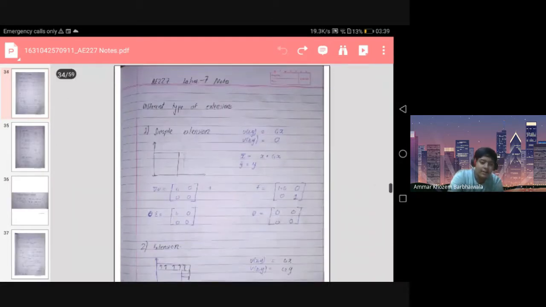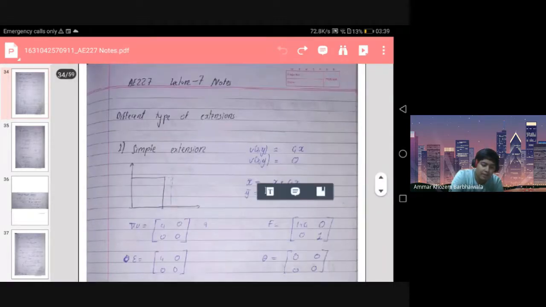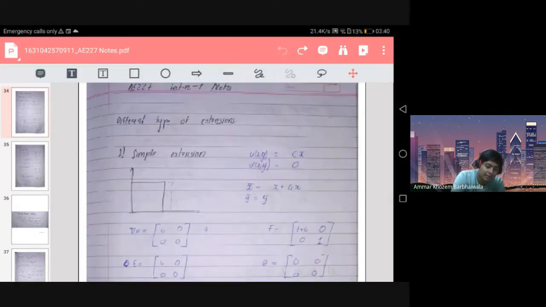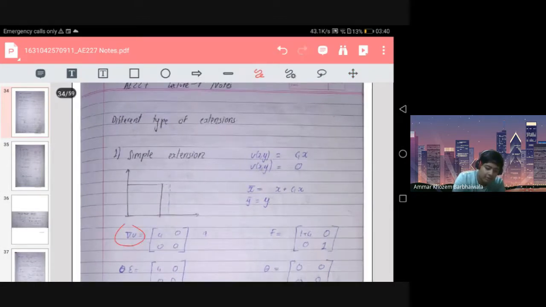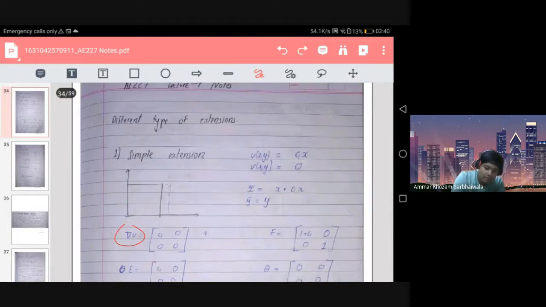Now we can discuss some different types of extension, one of them being the simple extension, wherein our displacement field is C1x. Given any displacement field, you can easily find the gradient of it and the epsilon strain tensor. In this case the gradient matrix is very simple: gradient of u is C1 in one entry and zeros elsewhere.